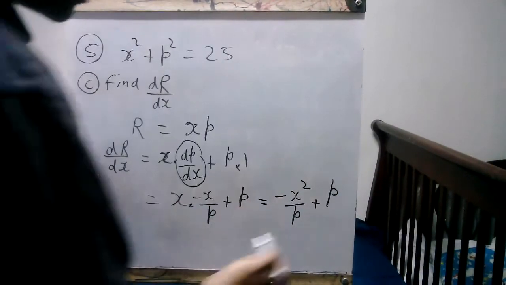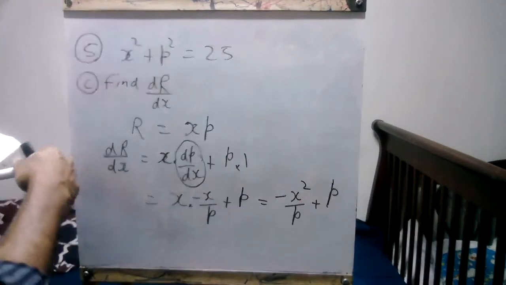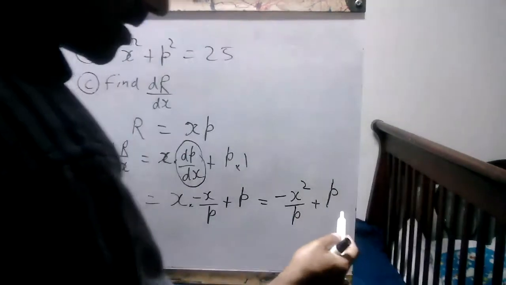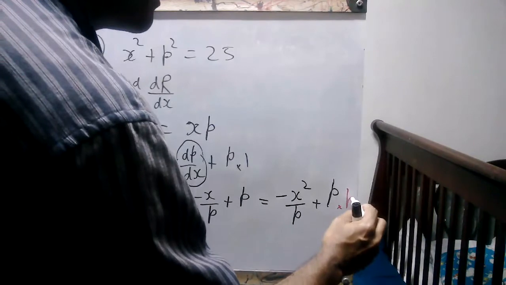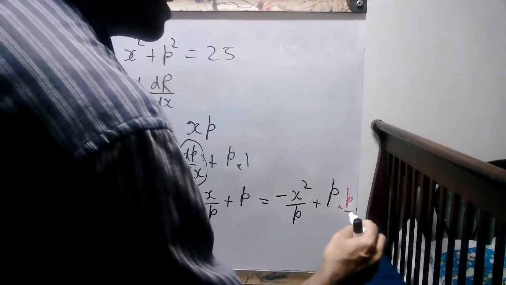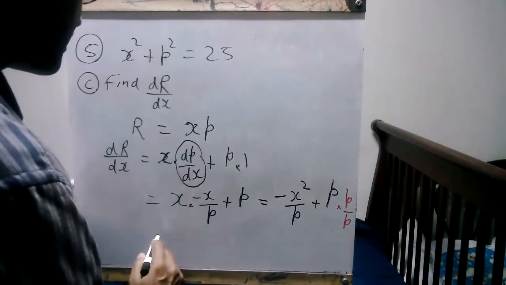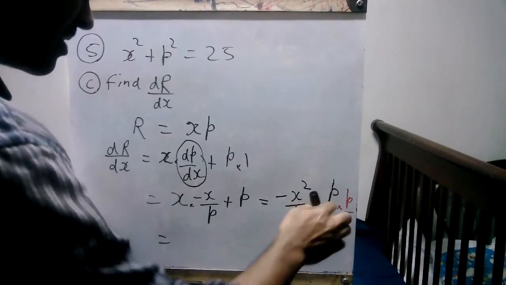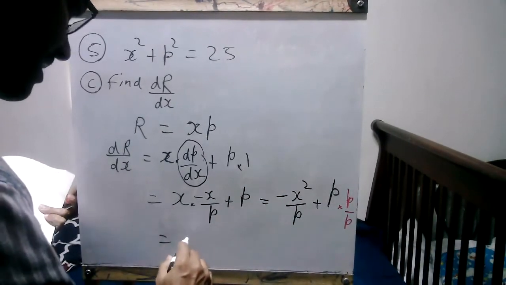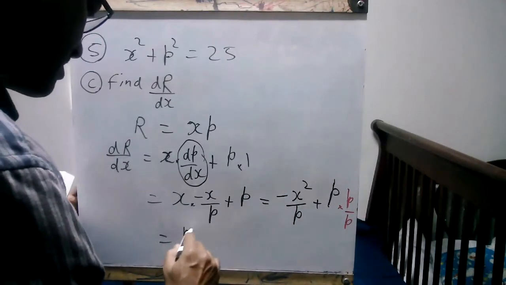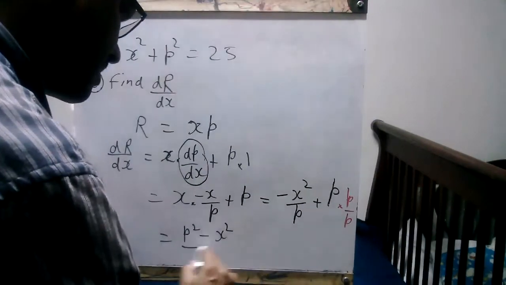This is the answer. Now we can get these two terms to the same denominator by multiplying the second term by p over p. Then we get, let's write the positive term first, not a rule, I'm just writing p square minus x square over p.